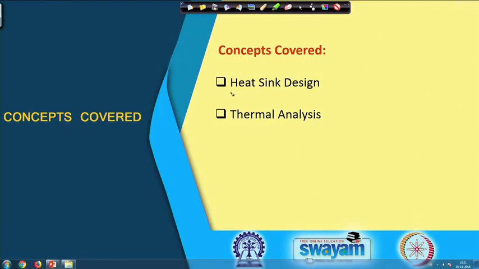So, today we are going to talk a little bit about heat sink design, because as a thermal designer it is essential to know how to do calculations and come up with a heat sink design. So, that is going to be our topic today. The concepts covered today are going to be heat sink design followed by thermal analysis, because when we do calculations towards heat sink design, we also need to know how to do those calculations.